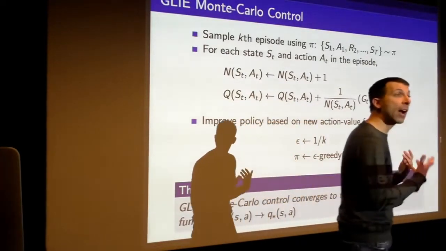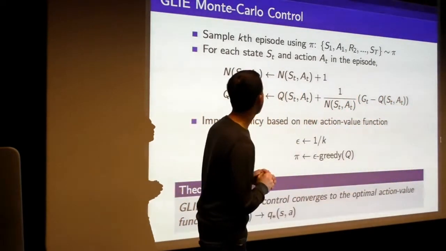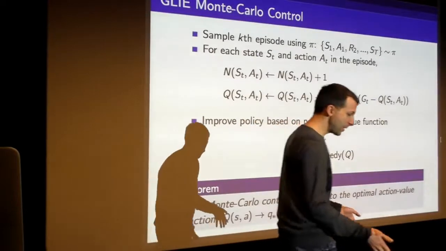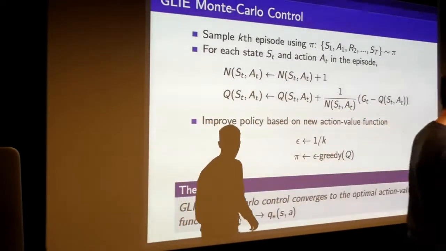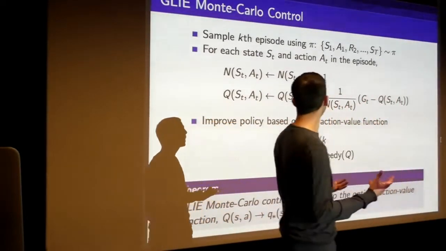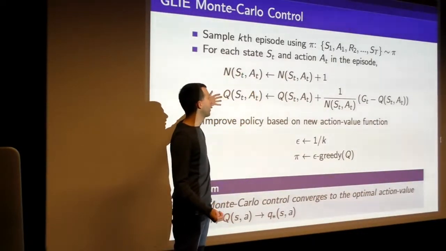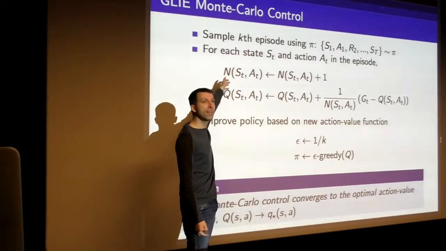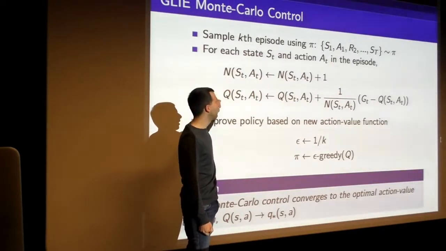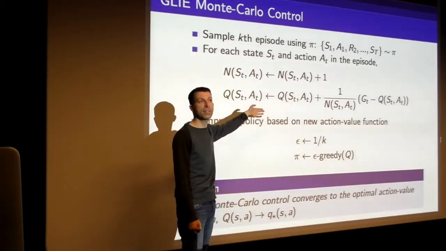We sample that from our current policy, pi, and then for each state and action that I visited, so I got to this state and I picked this particular action, for each of those states and actions, we update our action value. The way that we do that is by counting how many times we've seen that state-action pair and doing an incremental update to the mean.